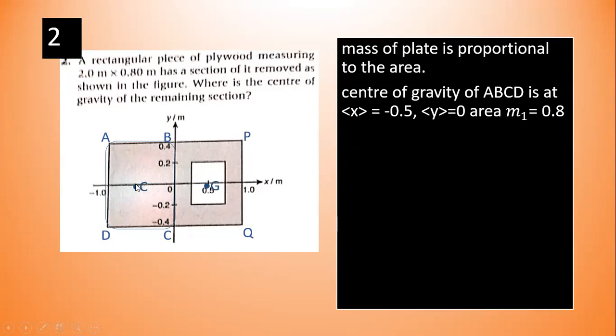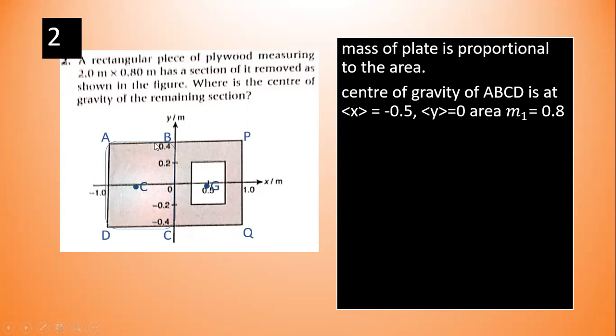The center of gravity is halfway. This is 1, this is minus 0.5. Y is 0. The y coordinate is 0. The center of gravity is here. And then instead of thinking of it as area, we can call the area the mass. So it's 0.8, and this is 1.